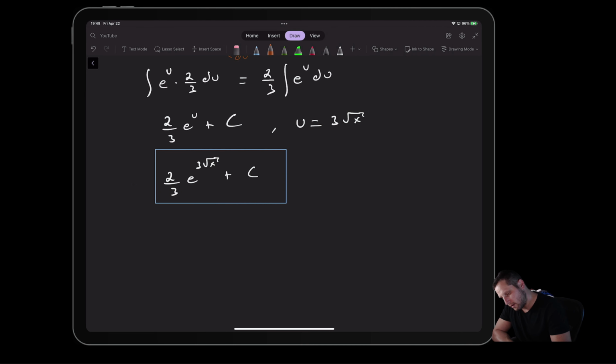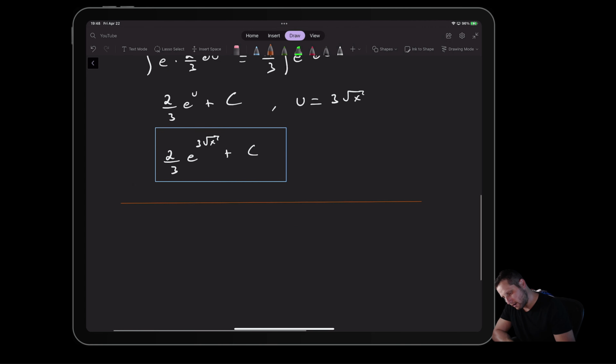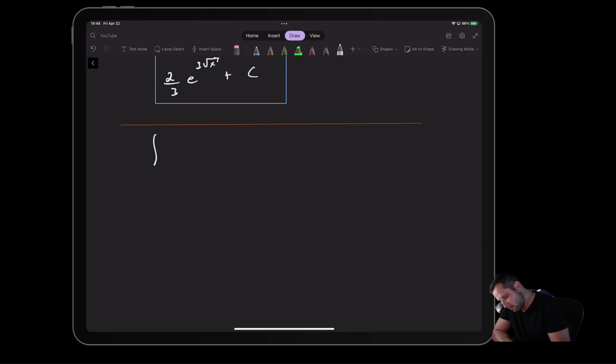Right here. Now, we are going to do the definite one using the limits of alpha to beta. So we have 2/3 times the integral from alpha to beta of e to the u du. This evaluates to 2/3 times e to the u evaluated from alpha to beta.